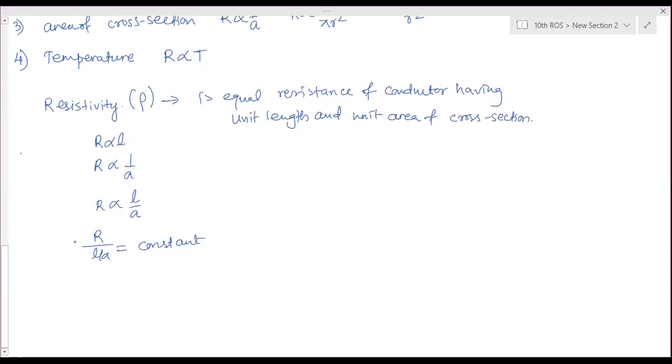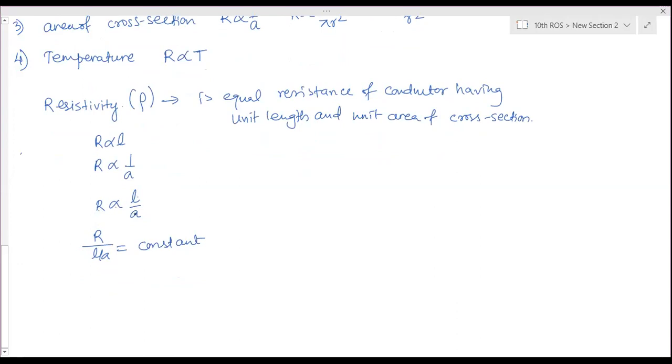When the conductor has a length of 1 meter and an area of 1 meter square, then the resistivity is equal to the resistance of the conductor, right? So this derivation is done by this.